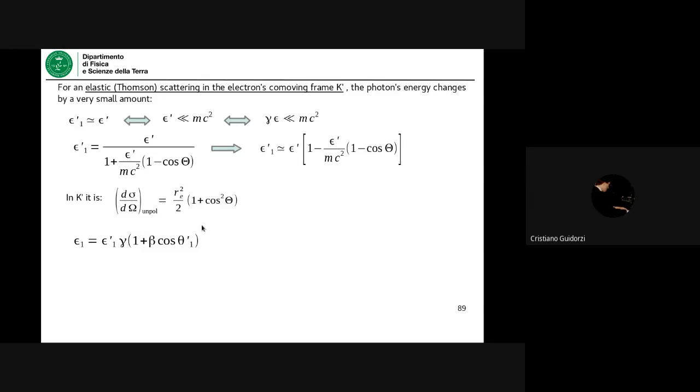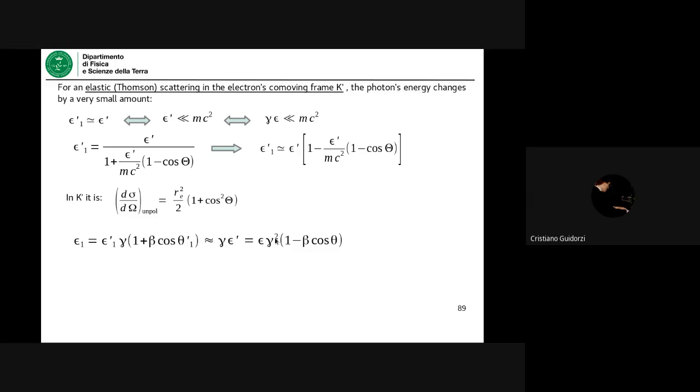So when you average out, this term can be considered as 0. So this is just comparable with gamma epsilon 1 prime, but epsilon 1 prime is just epsilon prime, because we are in the Thomson scattering regime in the comoving frame. But again, if you use the initial Lorentz transformation, epsilon prime is epsilon gamma times the stuff here, which multiplied by gamma gives you an extra factor of gamma squared.